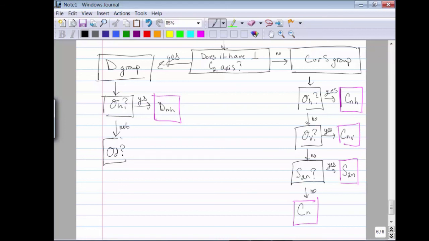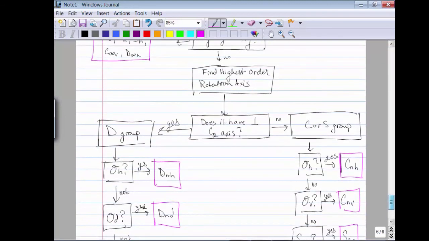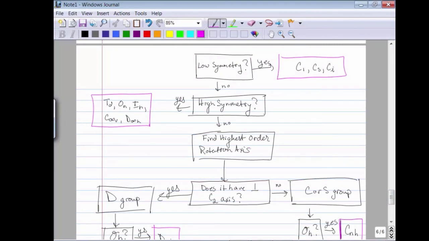So remember, sigma d is analogous to the sigma v over here in the C or S groups. If it does have a sigma d, then you're in Dnd. If not, then you can stop, and you should be in Dn. And if you couldn't find the principal axis, the highest order rotation axis, that means you need to go back to the beginning.